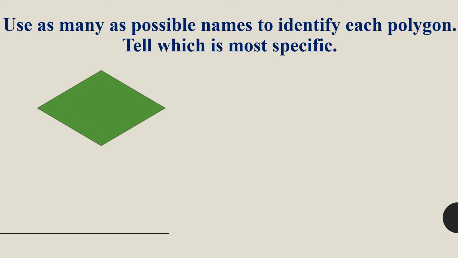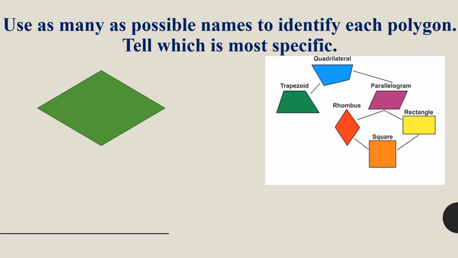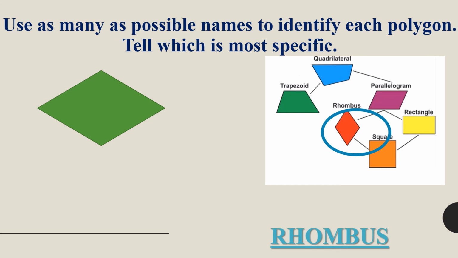So here we have the figure and we take the help of the family tree of quadrilaterals. So now which quadrilateral looks like this polygon? Yes, rhombus. So we will now move in an upward direction to find the other possible names.